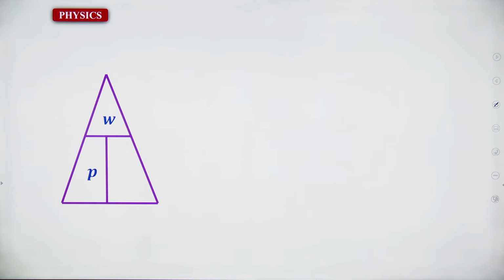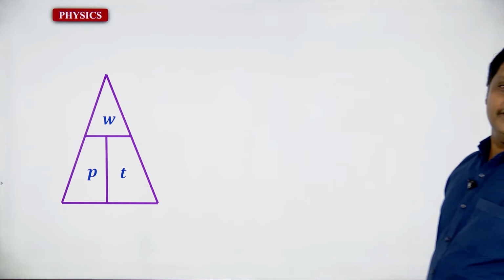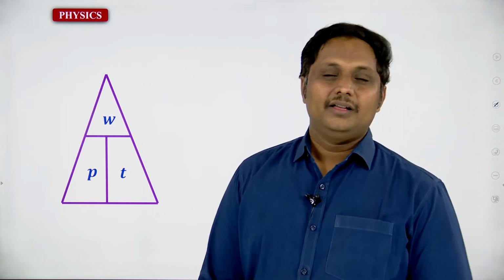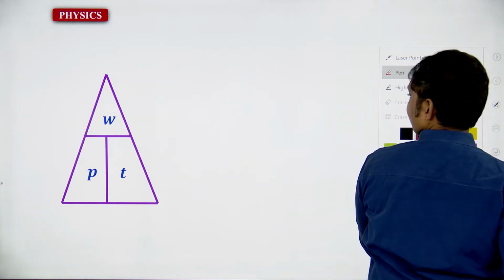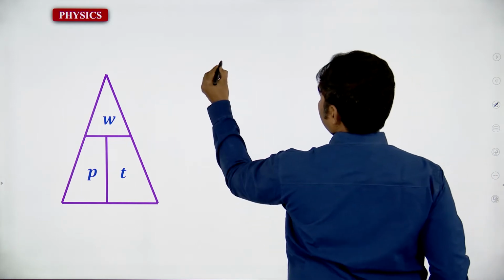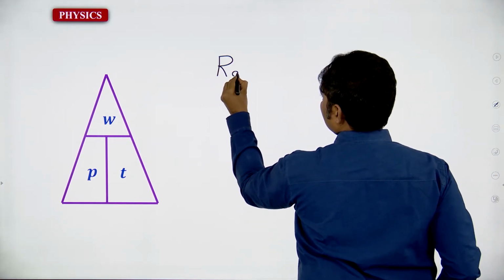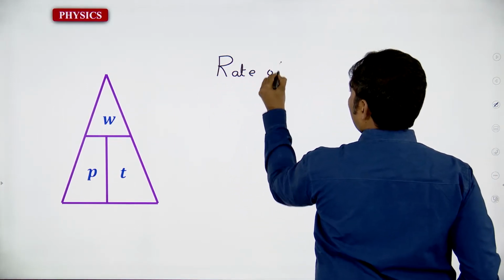That is power, work done and time. Rate of doing work is known as power. Very clear. You have to confirm. Yes, you have to take the rate of doing work.